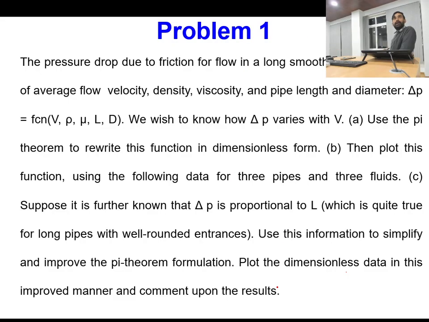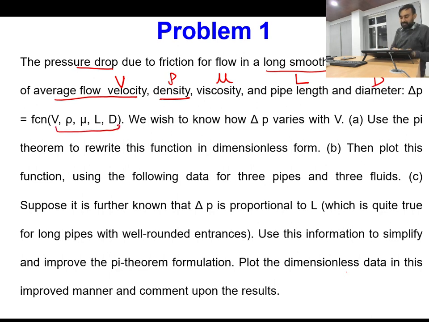So this is the problem. The pressure drop due to friction for a flow in a long smooth pipe is a function of average flow velocity V, density of the fluid rho, viscosity of the fluid mu, pipe length L, and diameter of the pipe D. So delta P is given as a function of all these parameters.